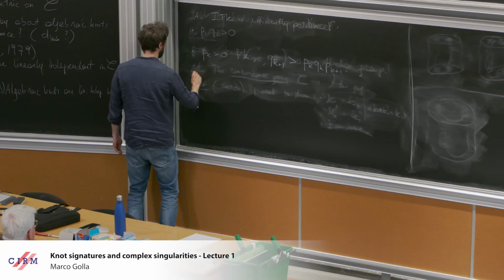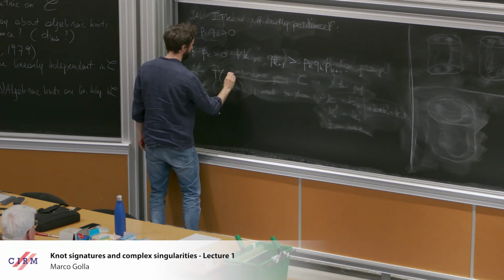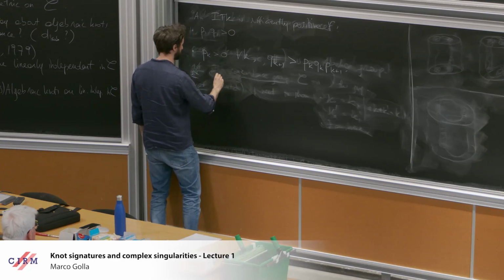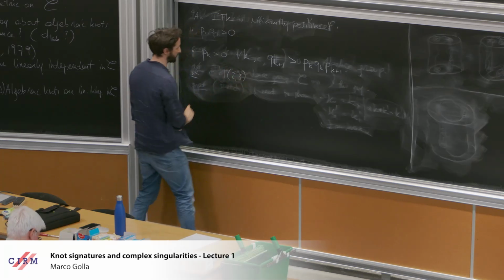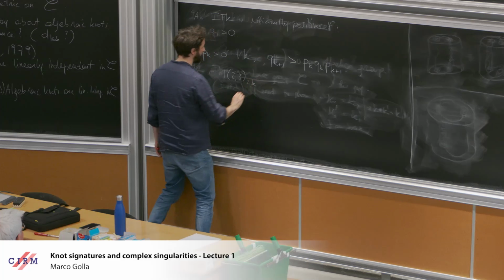Example. If I start with the trefoil, T23. Sorry, let me use the notation. So, T23 is fine. T23, this is a trefoil, and I take the 2K cables.